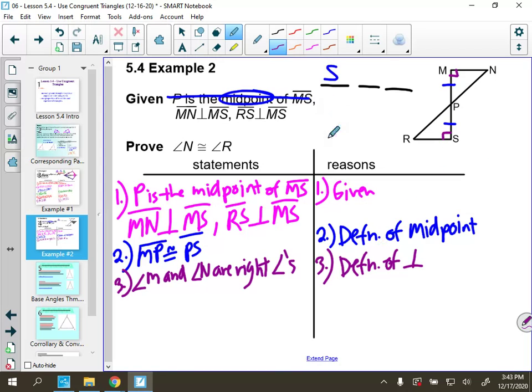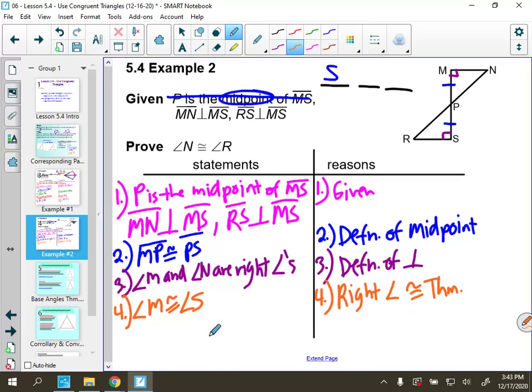Now, after I've established that those are right angles, we can definitely say, and we should say, that angle M is congruent to angle S because of the right angle congruence theorem. Remember, that was a theorem that says every right angle, as long as you know it's a right angle, has to be congruent.